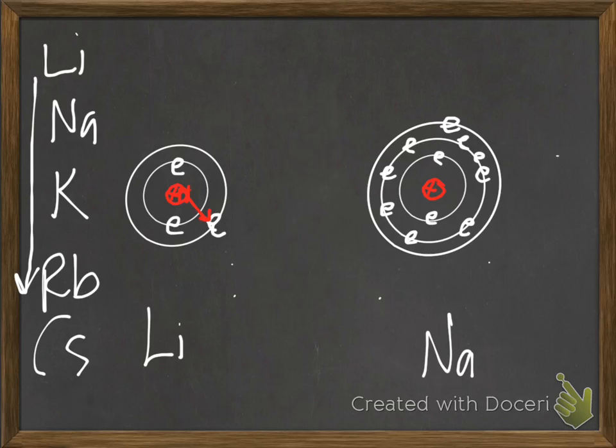So when we look at sodium, we have 11 protons pulling on 11 electrons. Okay. But to exert a force on this outermost electron, it's got to go through 10 other electrons. It's got to go through 2 whole energy levels.